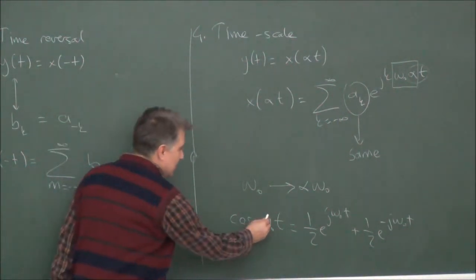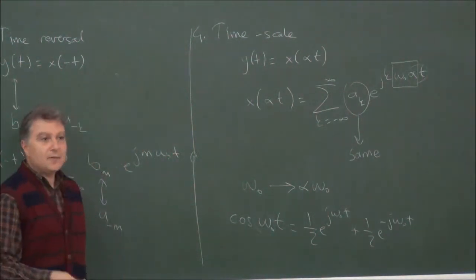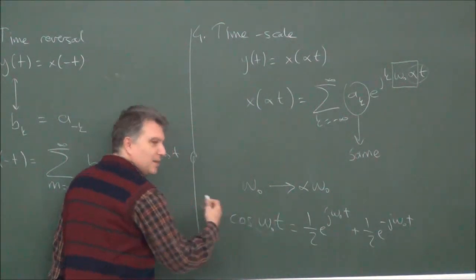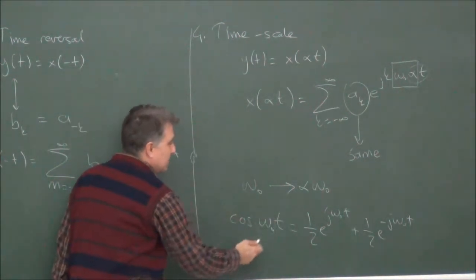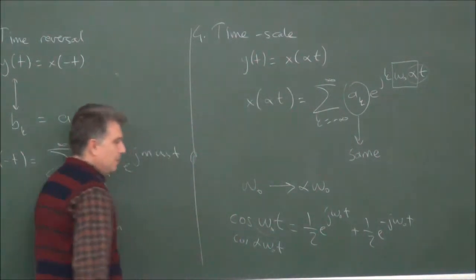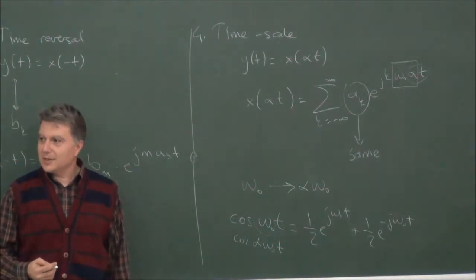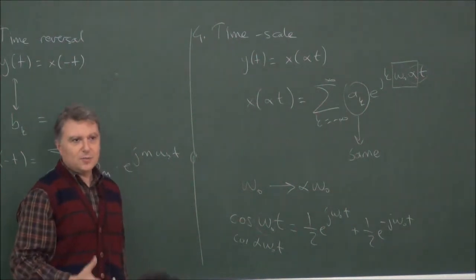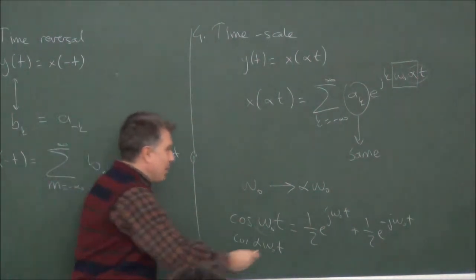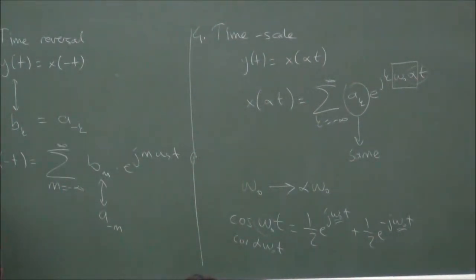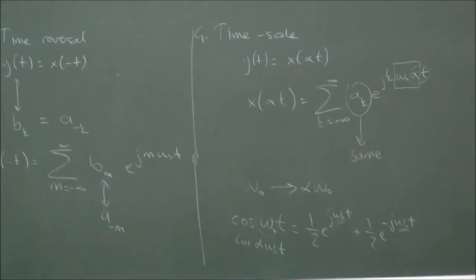If I change this frequency and make it alpha times omega 0, or if I expand the time by alpha times t, it will make cosine alpha omega 0 t in general. What will be the Fourier series coefficients? Again, 1 over 2 and 1 over 2. That wouldn't change. The Fourier series coefficients will remain. But these omega 0s will be different. They will be alpha times omega 0 this time. So the Fourier series coefficients don't change when you scale the time.